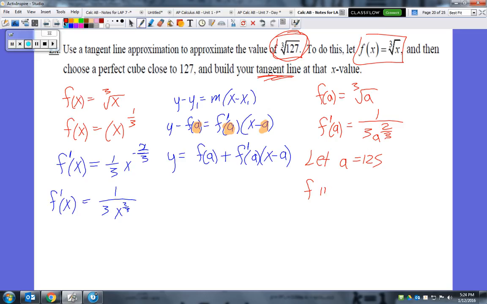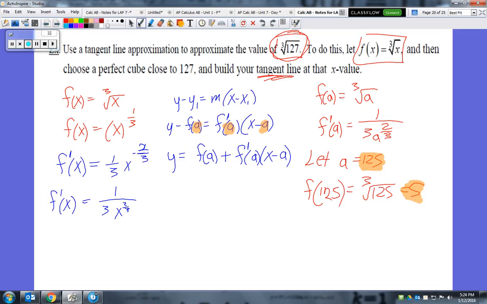So f of 125 is equal to the cube root of 125, which is simply going to be 5. So what is it that we just did? Well, we obtained an a value and a y value. Basically, this is my input x value, and this is my output y value.